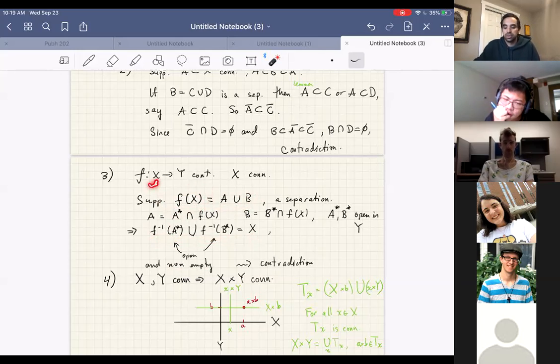Did you know that they were empty? Non-empty, you mean? No, I'm sorry, I meant disjoint. Disjoint, yes. So these are disjoint by assumption, since there's a separation.